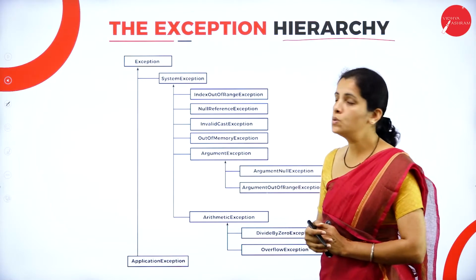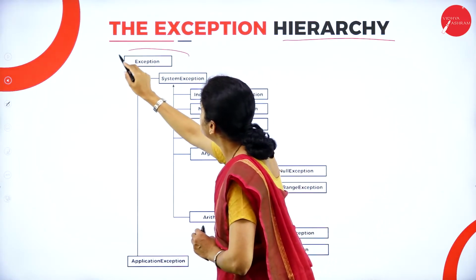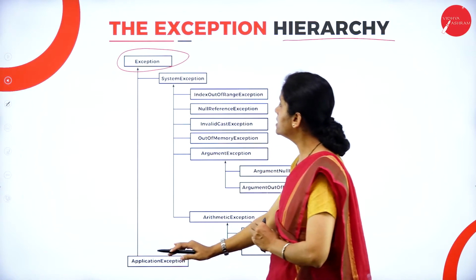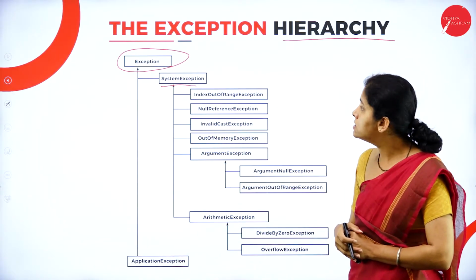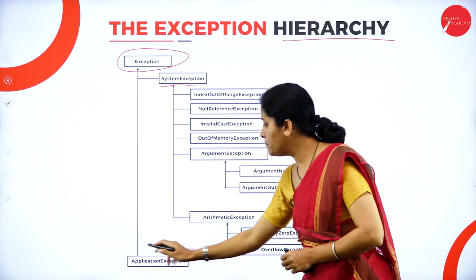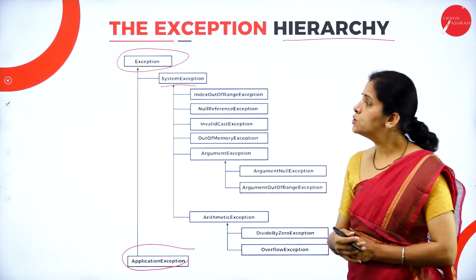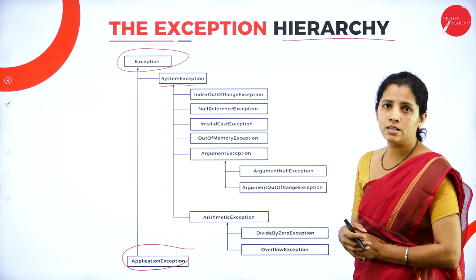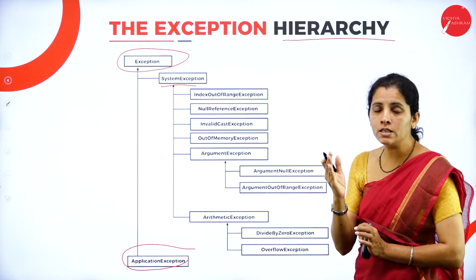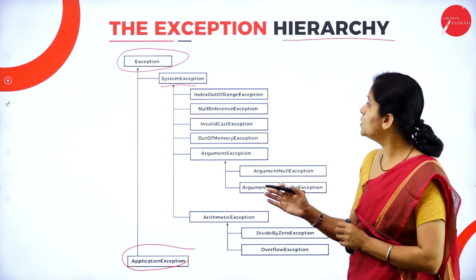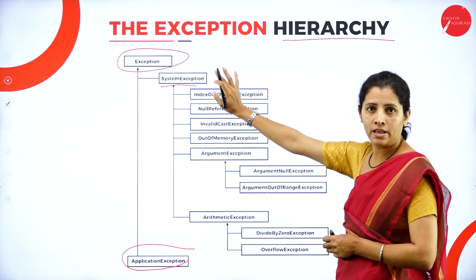So dear student, exceptions are categorized into two types, that is system exception and application exception. So what is system exception? While writing the program, whatever exception I get is known as system exception.